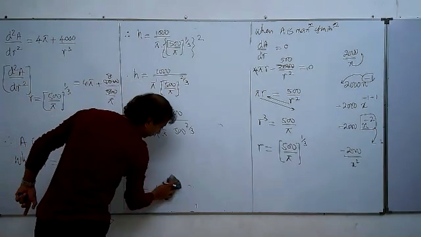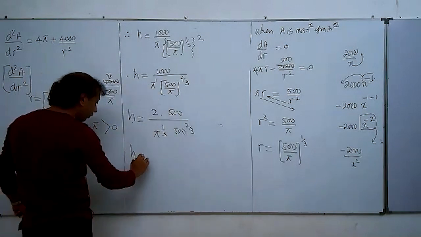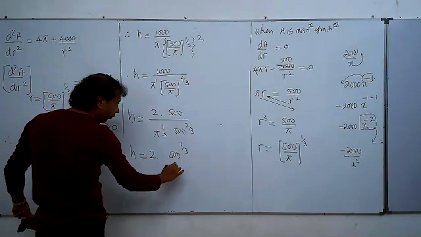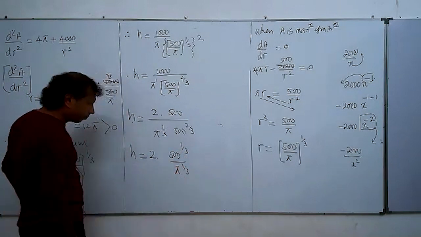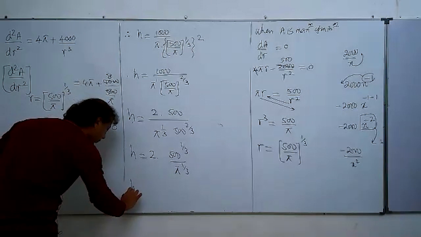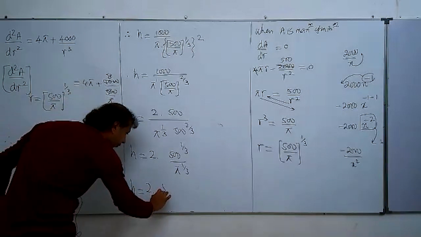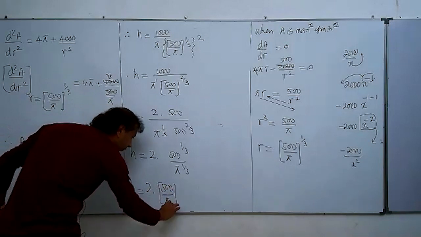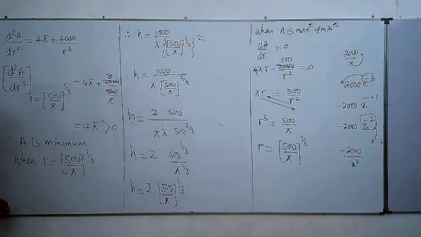That is simple algebra, right? Arithmetic simplifications. Then h comes as this way: 2 times (500 divided by pi) to the power 1/3. In other words, this is r, no?